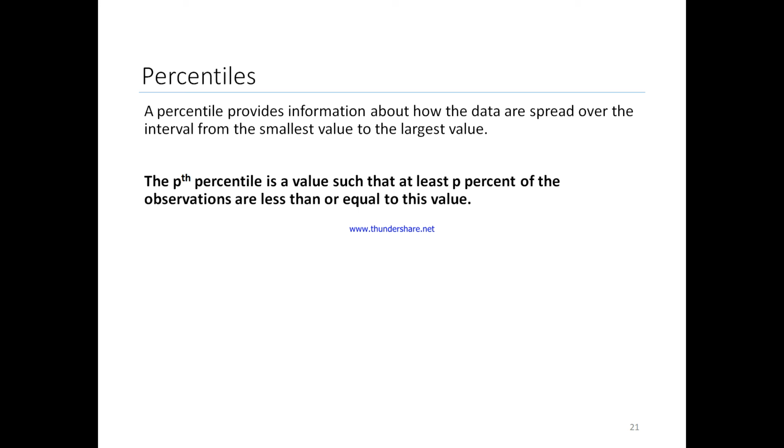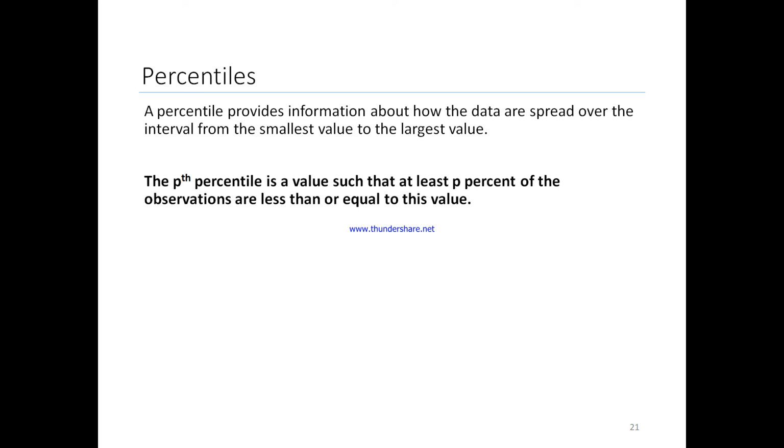Percentiles are also a very important thing when it comes to statistics. If you are provided with a data set, we can also find the percentiles. How are we going to find the percentiles? What does the percentile mean? If you find the pth percentile, that means at least p% of the observations are less than or equal to this value.